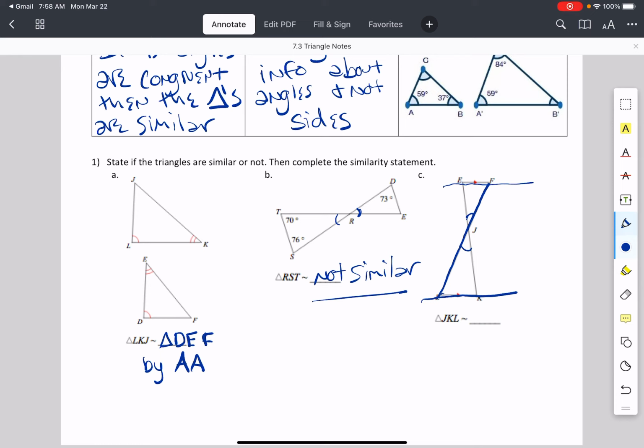Alternate interior. Yeah, good job. Oh, that's the eraser. Why do I always do that? So this one is the same as this one because they're alternate interior. So we have our two pairs of congruent angles, right?